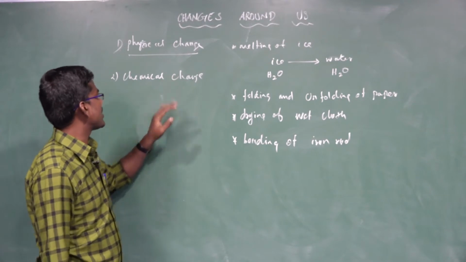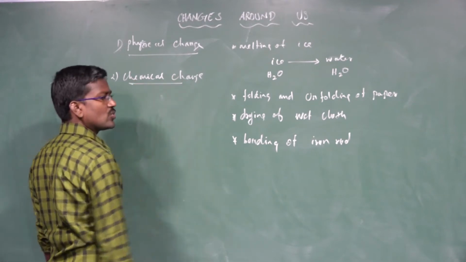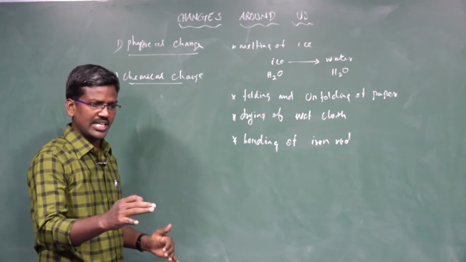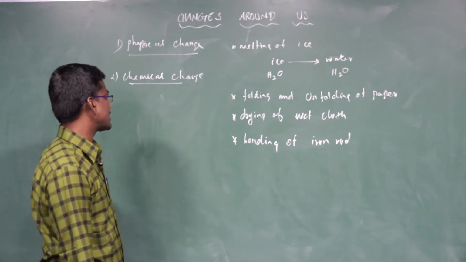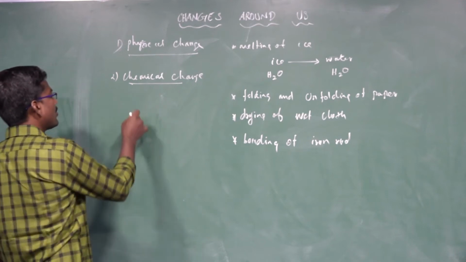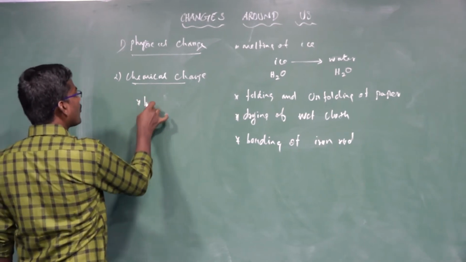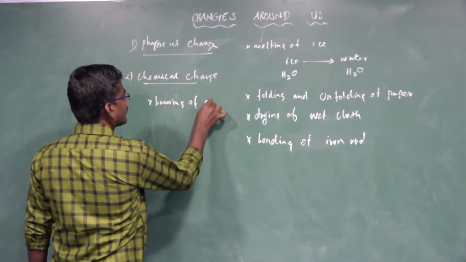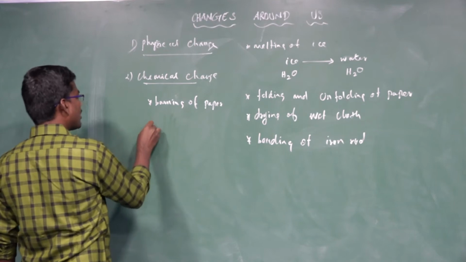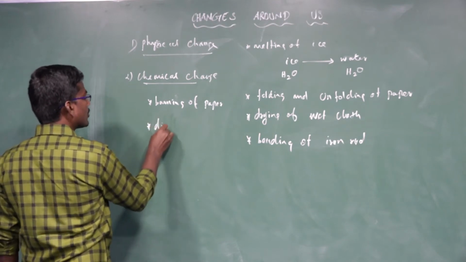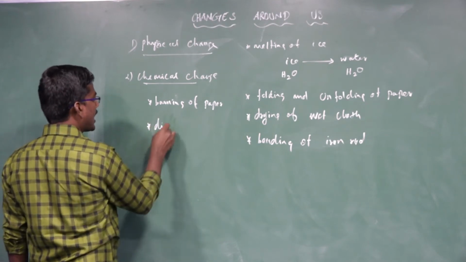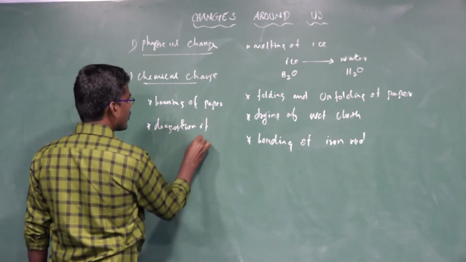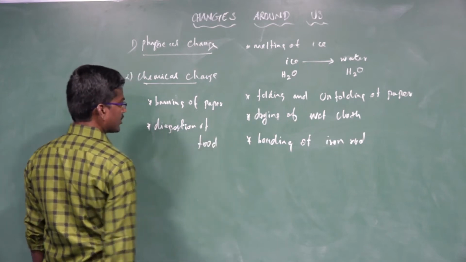Another one is chemical change. The reaction in which new products are formed is known as a chemical change. A number of reactions are there. For example, burning of paper. Then digestion of food material in our stomach.